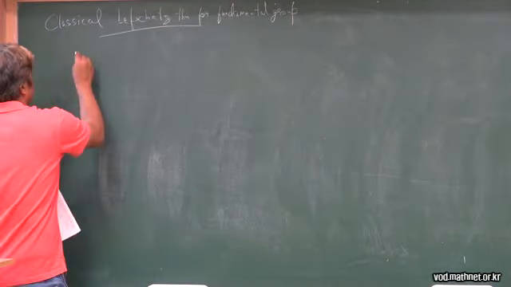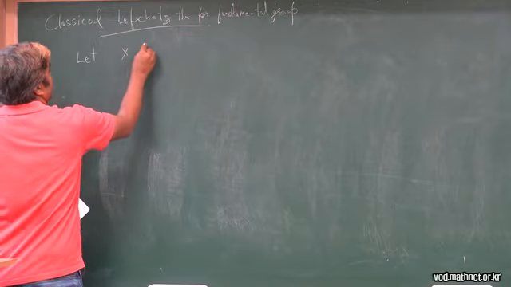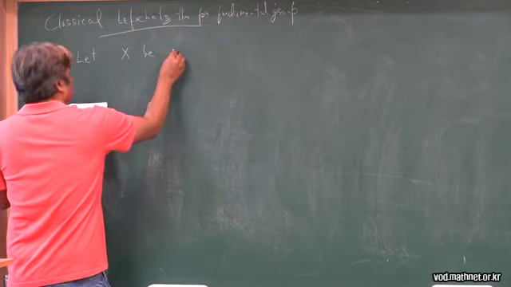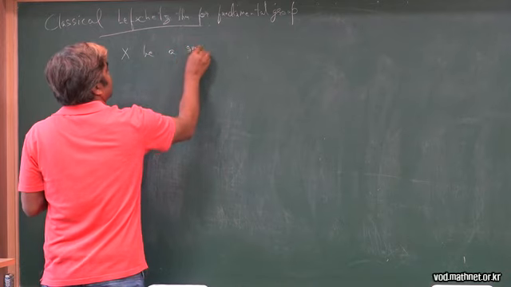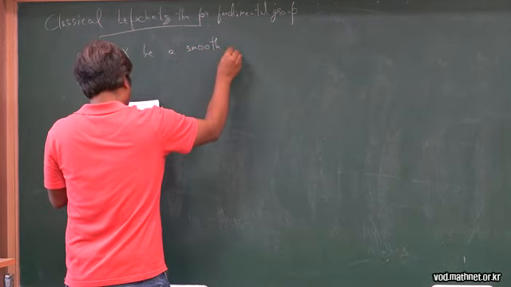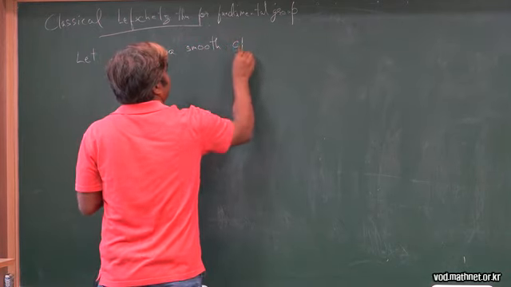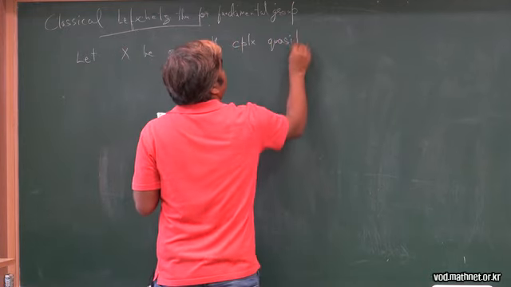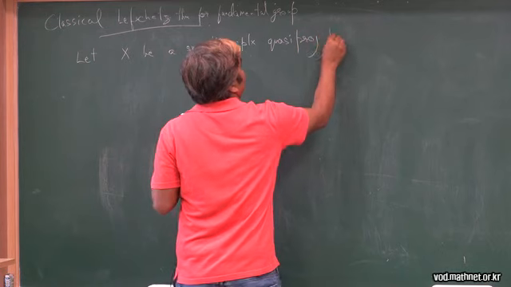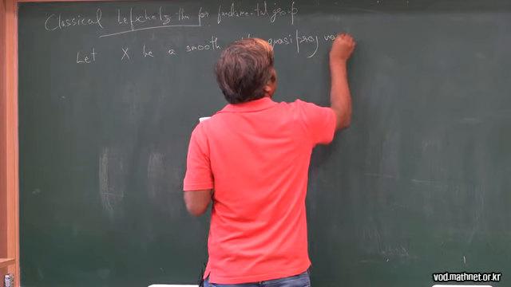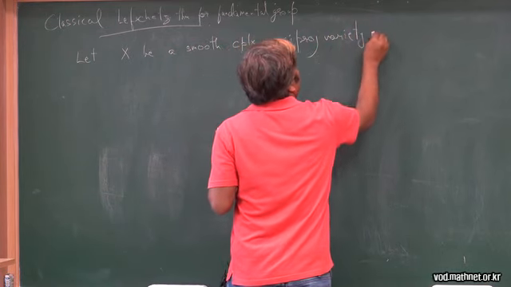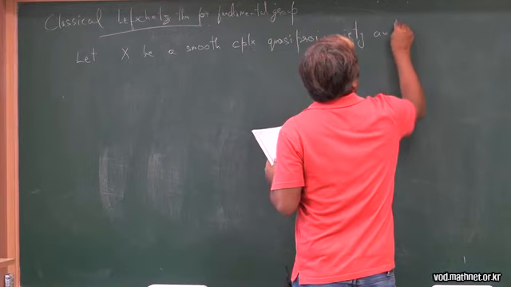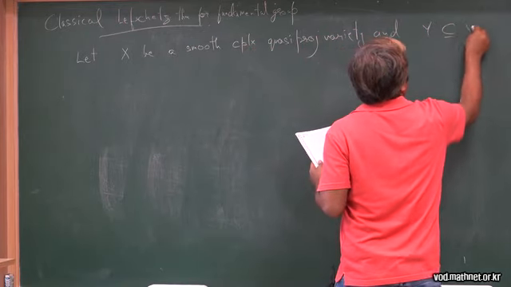So what does that say? Let X be a smooth complex quasi-projective variety, and Y contained in X be a hypersurface.